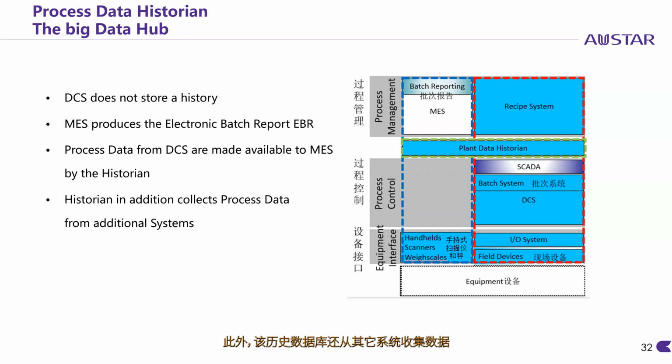So what we use the historian for is to make the DCS data available to MES so we can produce finally one report. The historian, in addition, also collects data from additional systems, not only from DCS, but also, let's say, from environment monitoring or room monitoring and or utility monitoring. And we can add these data to our report.